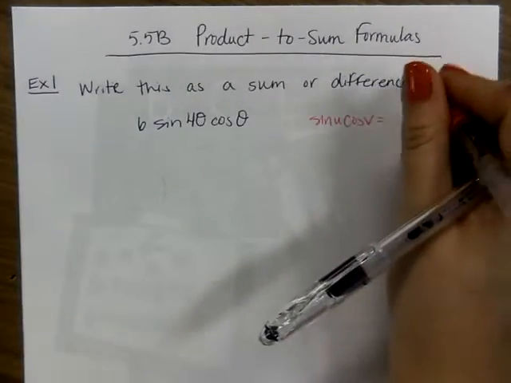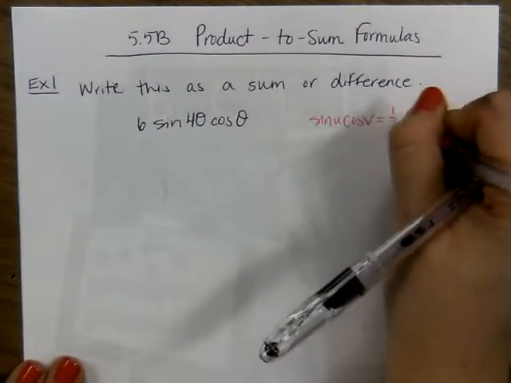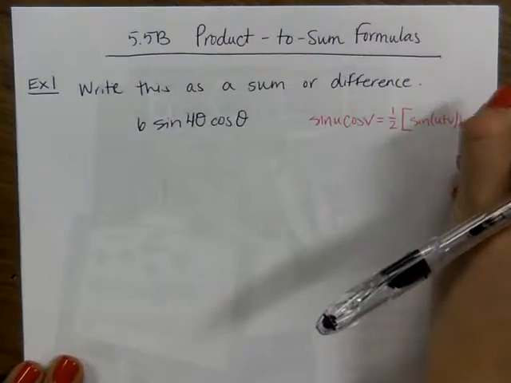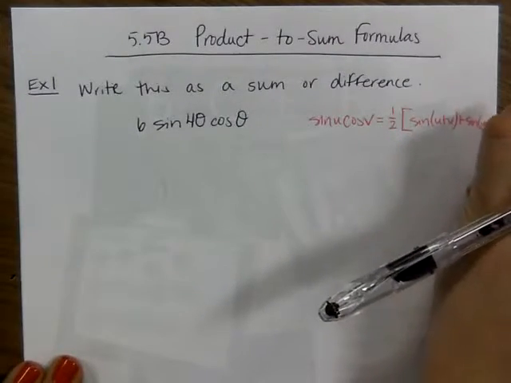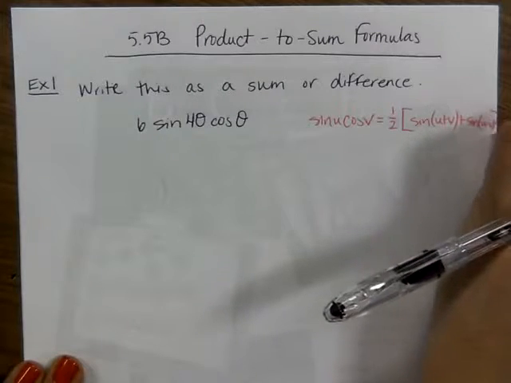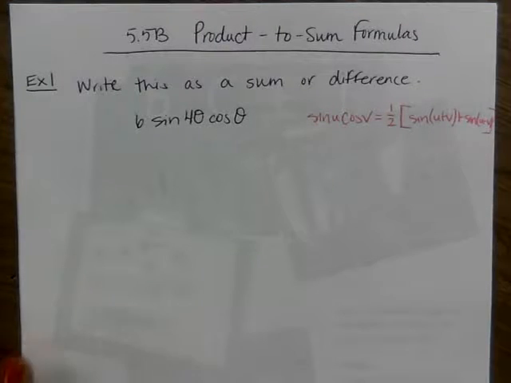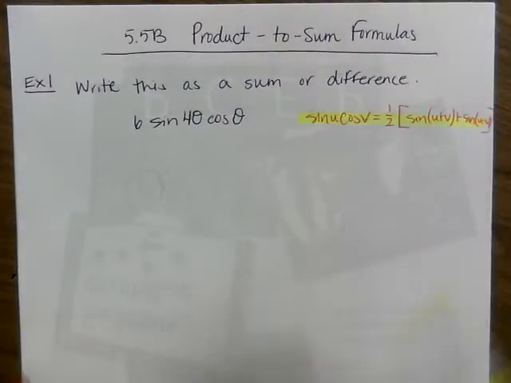It goes into a sum: 1/2 times the sine of u plus v plus the sine of u minus v. Can everyone recognize that that's a formula you have because you have a sine times a cosine? All right, so this is the formula we're going to use.